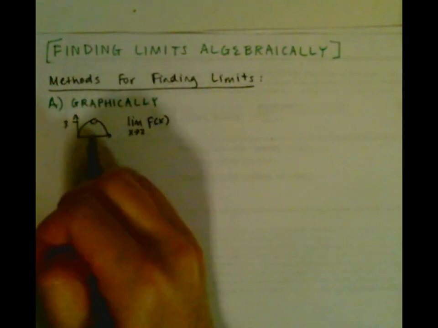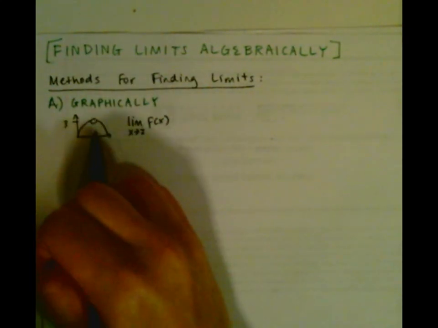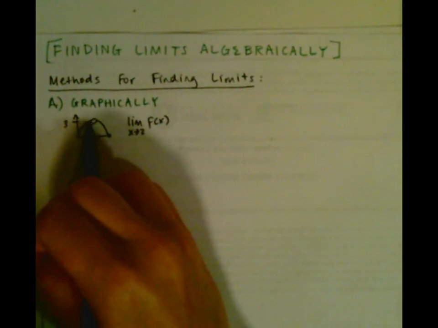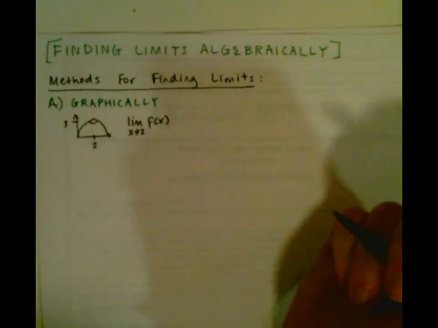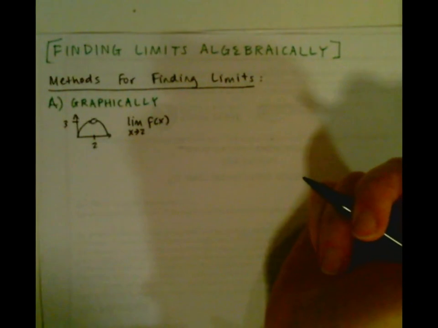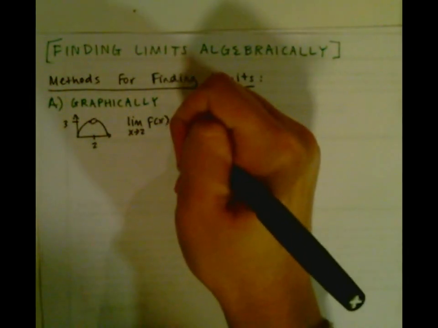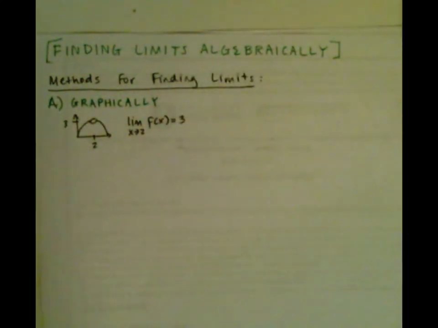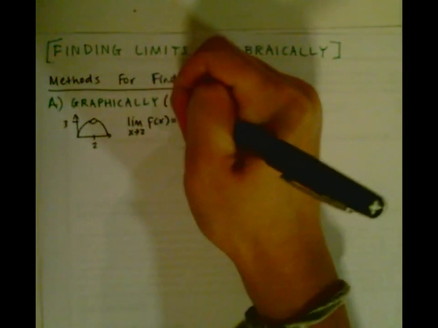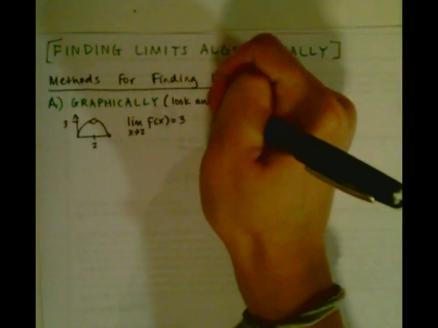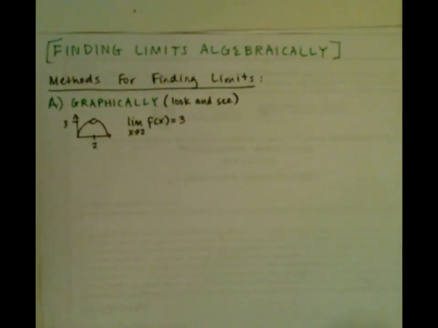We just look and say as x approaches 2, I can trace along my graph, and y is approaching 3. So even though f is undefined at 2, I can tell that the limit as x goes towards 2 gives me an intended height of 3. We're just looking and seeing where the height is. I'm calling that look and see.